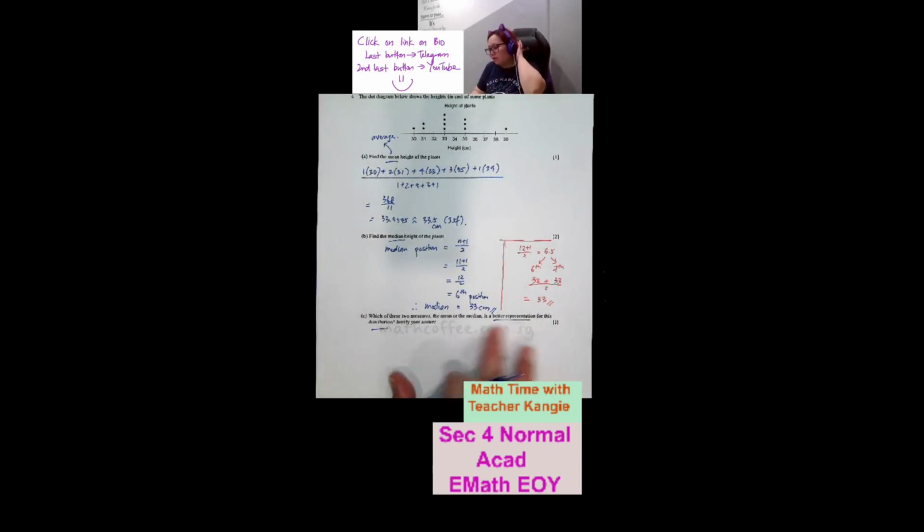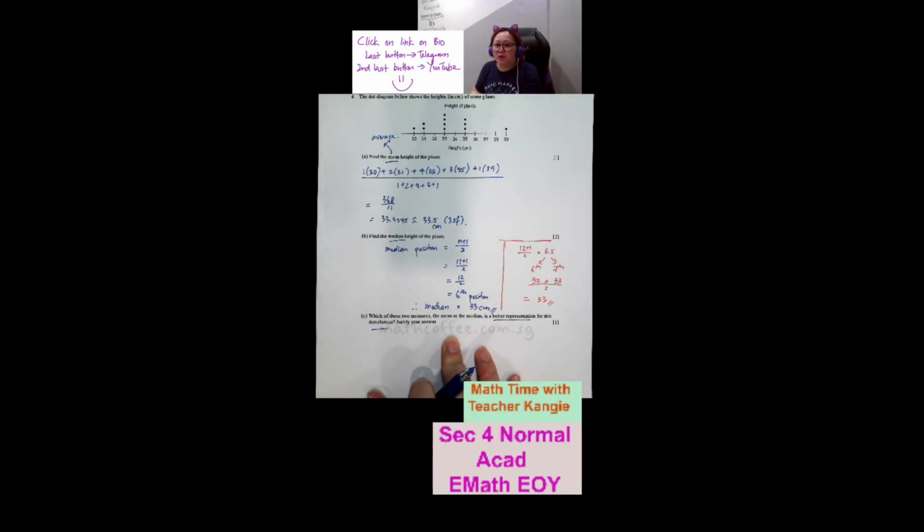Students always see such a question and say it's always the median. You have to depend on how your data is distributed. So you look at this data, be it mean, mode, or median, three of them are representing the average.